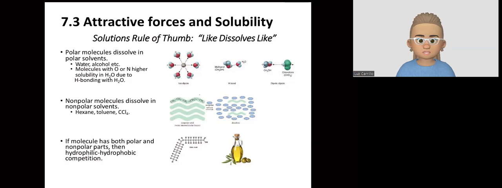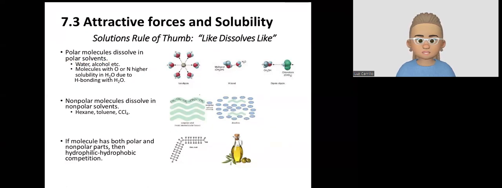But at least to give you an introduction of attractive forces and solubility, let's understand that in chemistry, we have a rule of thumb. That rule of thumb is, quote unquote, like dissolves like. What that means is that polar molecules need to be dissolved in polar solvents.